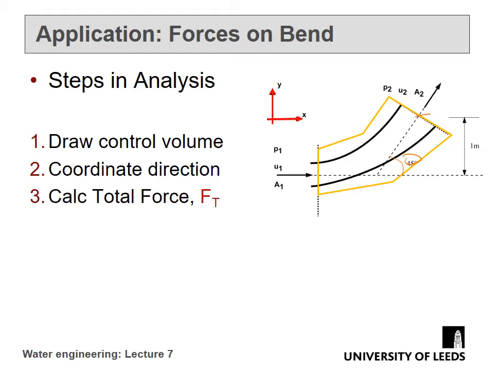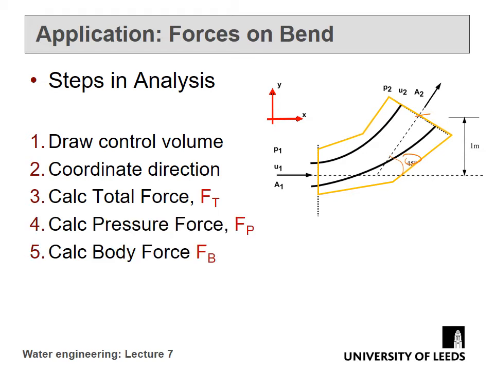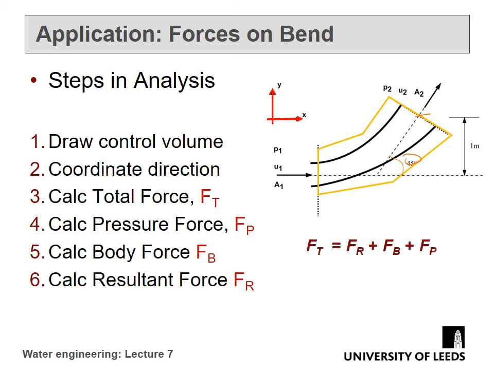Calculate the total force, which is our rho Q (u2 minus u1), and we'll do that in both the x and y direction. Calculate the pressure force, body force, total force, resultant force, and we use that equation to actually calculate one of the unknowns. So we'll calculate the other three and usually calculate the resultant force from that equation.